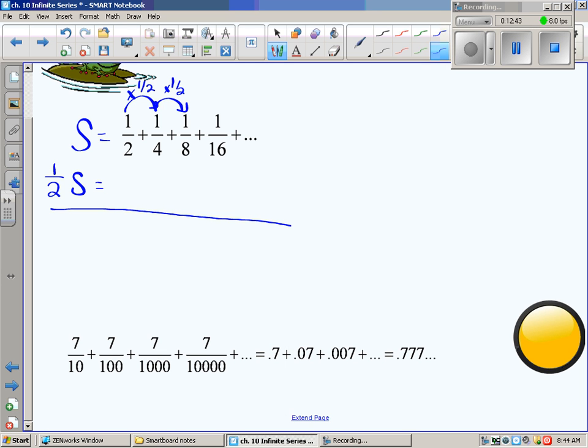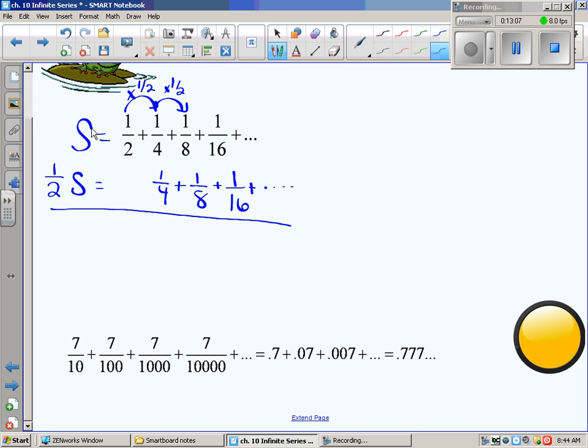Now, when I multiply S by 1/2, let's think through this. 1/2 is the first term, and multiplying that by 1/2, I get 1/4. What would be the next term? Yep, and then 1/16, and so on.